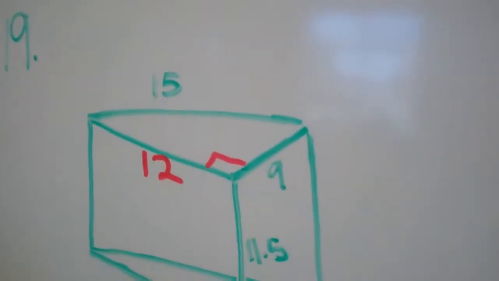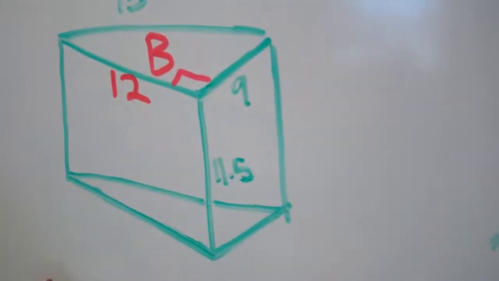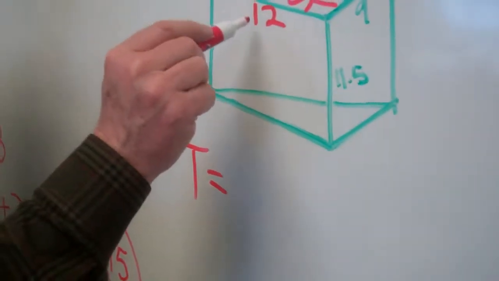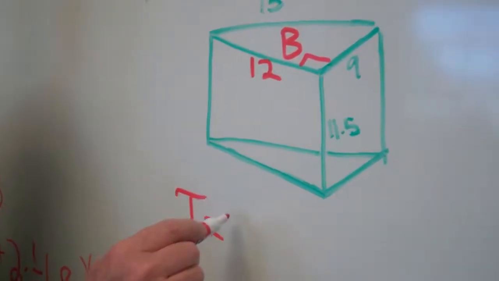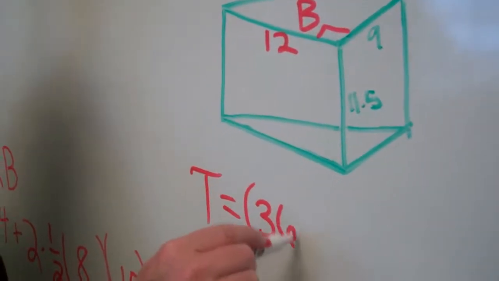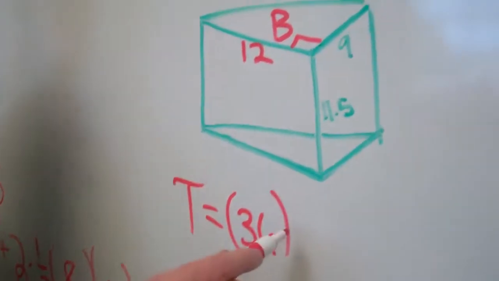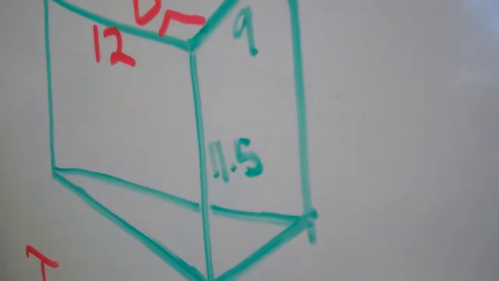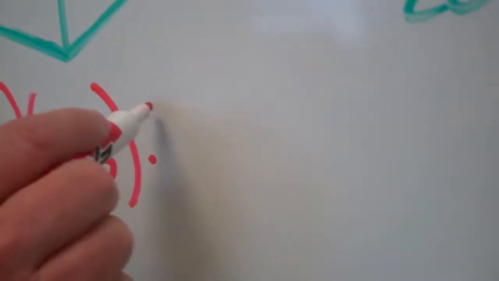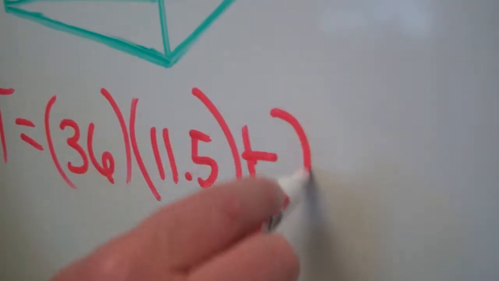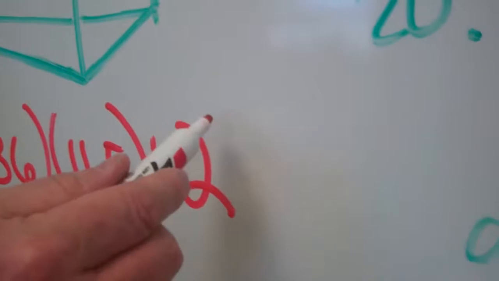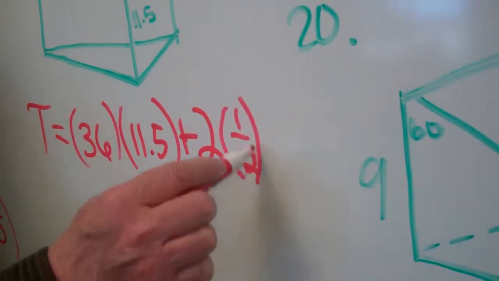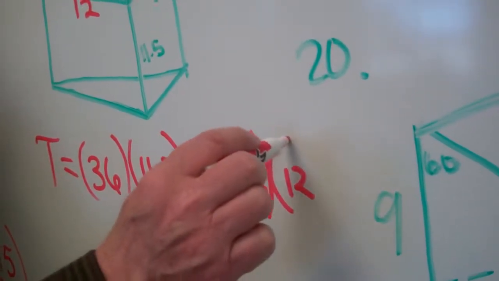I need to pick the triangles as the base, so I'm going to put a big B on there to remind myself. Total area is going to be the perimeter of the base: 9 plus 12 plus 15 is 36, times the height. Is that 11.5, Matt? Yes. Plus 2 times the area of the base: 2 times 1/2 times base times height.